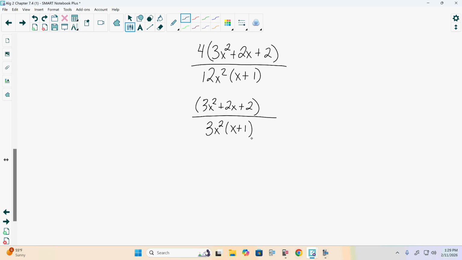Now the question is, does 3x squared plus 2x plus 2 factor? I don't know about y'all, I have feelings that it doesn't because, since we are adding, whatever those two middle terms are, we're going to have to add them together. So we're most likely going to be multiplying the 3 and 2 to get 6 plus 1 for the other factors. It gives us 7. Or 3 plus 2. 3 times 1 is 3. 2 times 1 is 2, giving us 5. Still bigger than our 2.